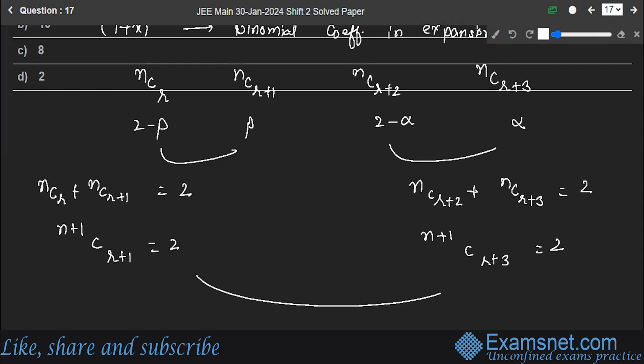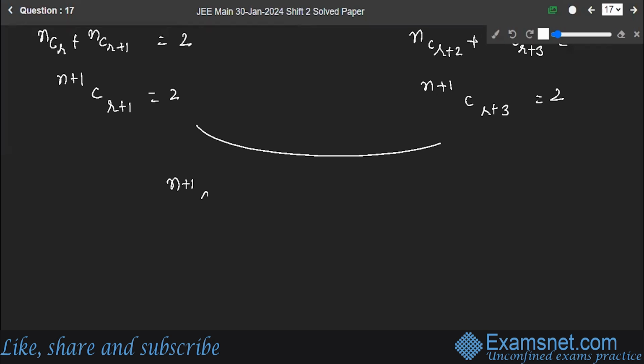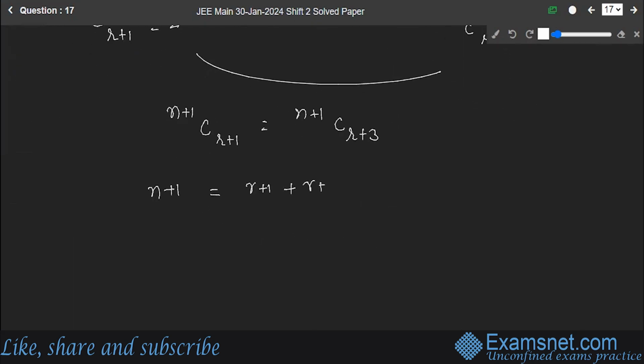If I see both of them, you get n+1 Cr+1 is equal to n+1 Cr+3. So that makes n+1 is equal to r+1 plus r+3, or 2r+4, or n is equal to 2r+3. So you have 2r+4 Cr+1 is equal to 2.